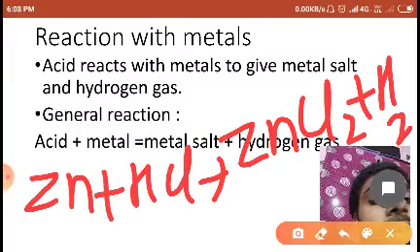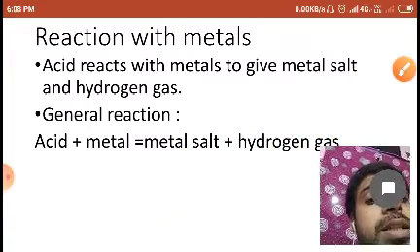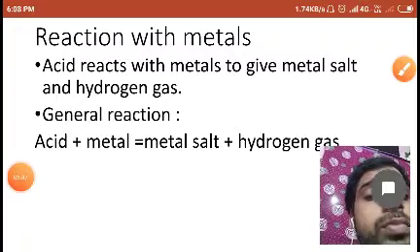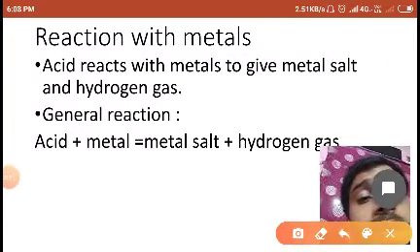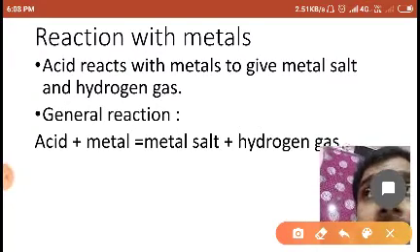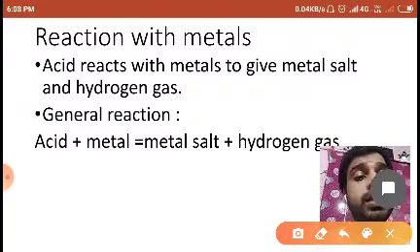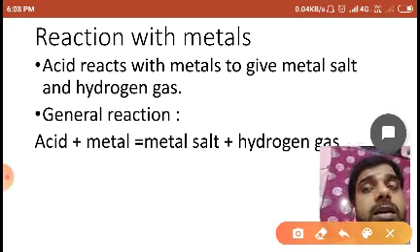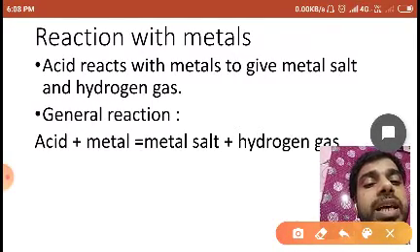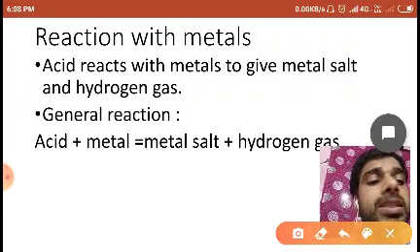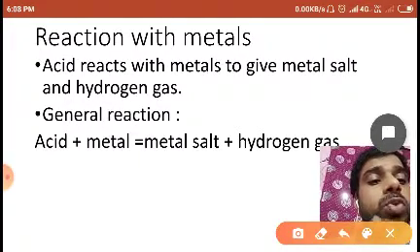You can see hydrogen gas is there. Now dear students, you should know that if I take a less reactive metal other than zinc, aluminium, sodium, potassium, calcium, these are more reactive as compared to hydrogen.